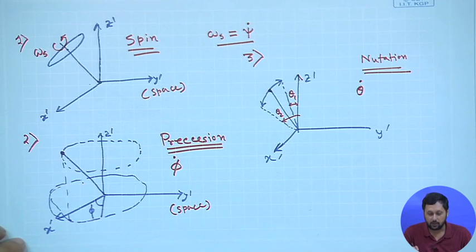So, 3 Euler angles in case of a symmetric top represent 3 types of motion possible in a top, right. And I think nutation is obvious when you are looking at a child's top. Precession is also obvious. I mean, nutation is not very obvious, but if you look carefully you will see that when the top is rotating, first of all it is not exactly vertical, it is slightly tilted.